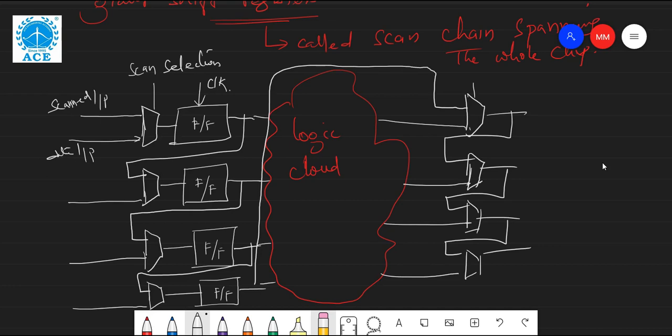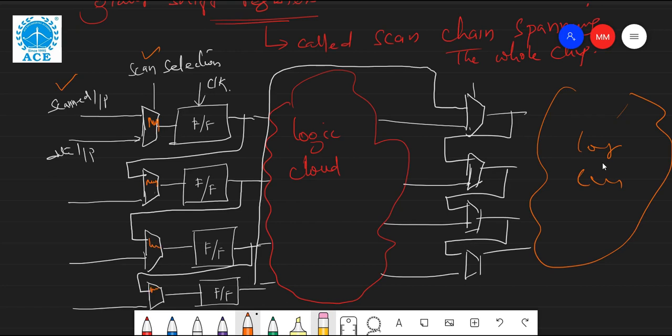This is a single block of logic cloud. If we continue like this, it extends, with another logic cloud again. Here we have the scan input, and this is the selection line.